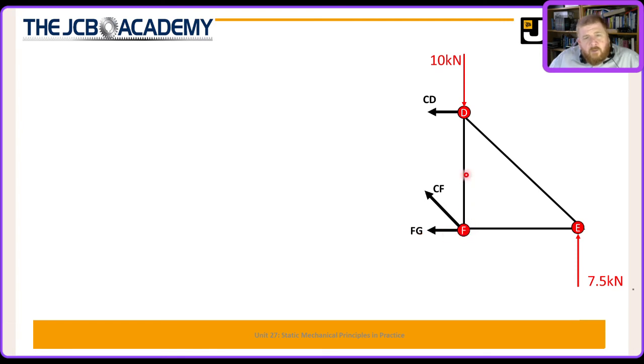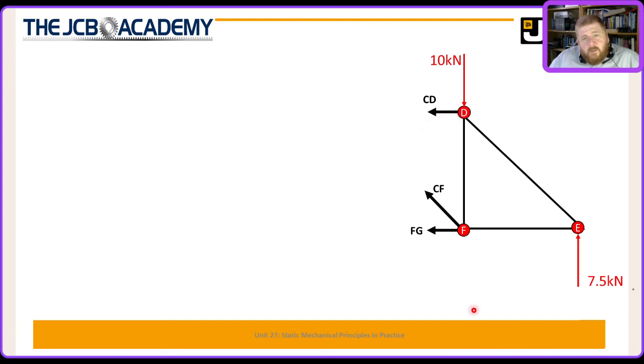The vertical component of CF, however, will do. This will be trying to turn it clockwise. This 10k force at D is going to try and turn it anti-clockwise, and CD is going to try and turn it anti-clockwise.